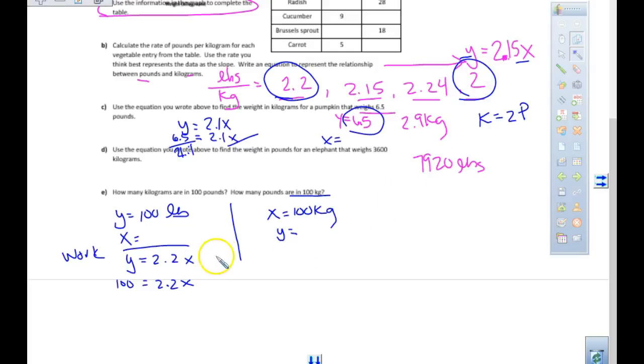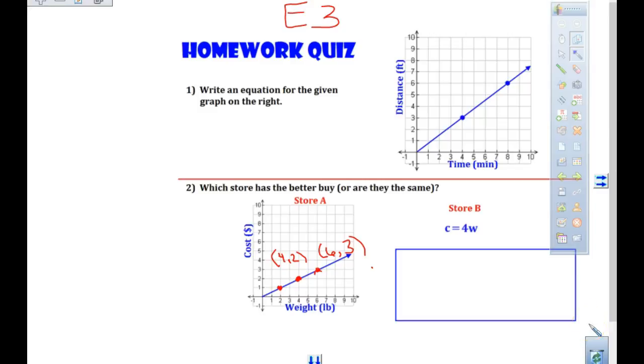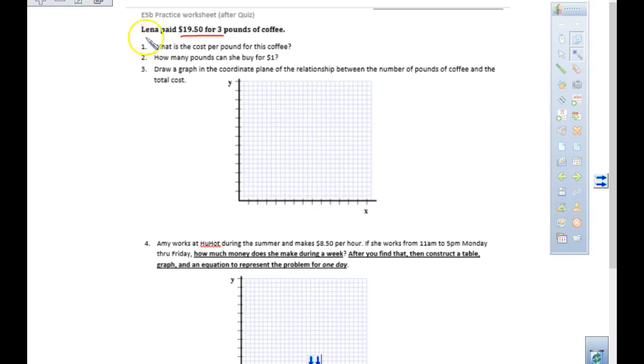I want you to always use this equation. Only thing this time in your equation, you're replacing the x and you're going to find what y is. Okay? So, if you completed yours, awesome. I want you to make sure, if you didn't complete it, that you get that done tonight with the 5B. And 5B says, oh, she has $19.50 per 3 pounds.